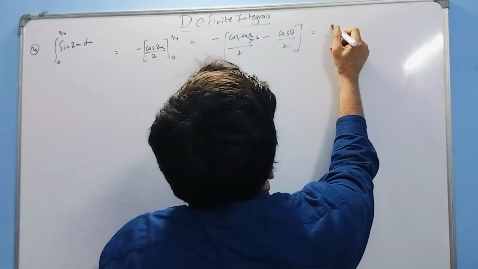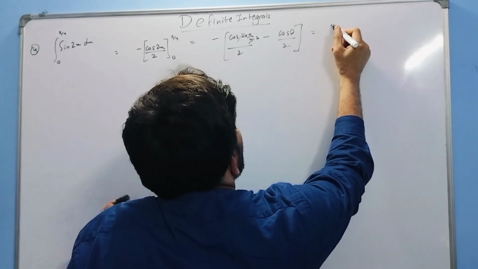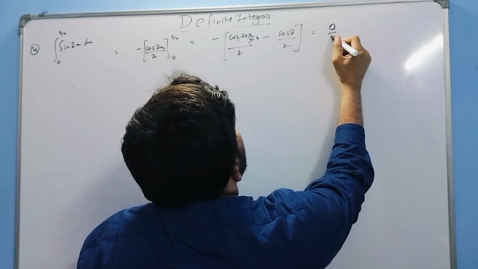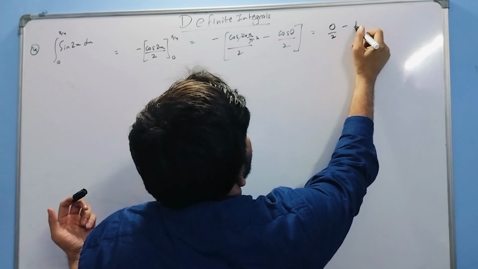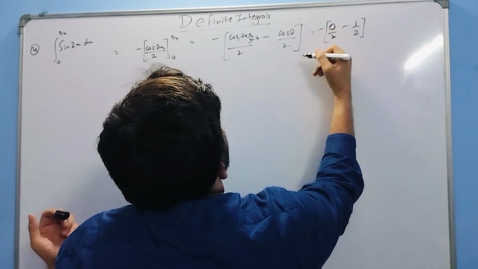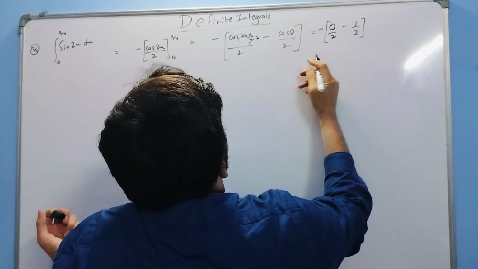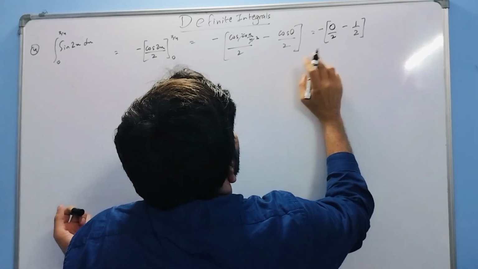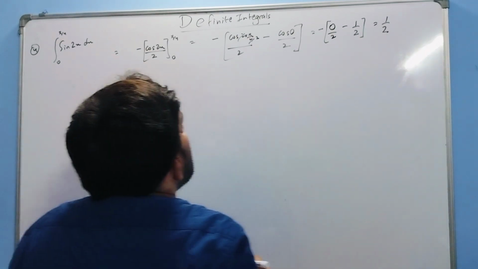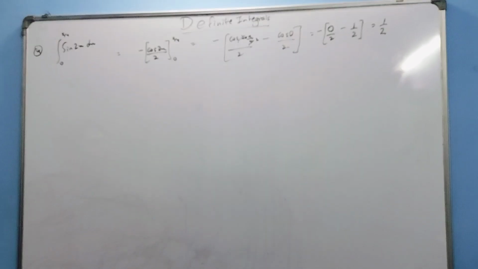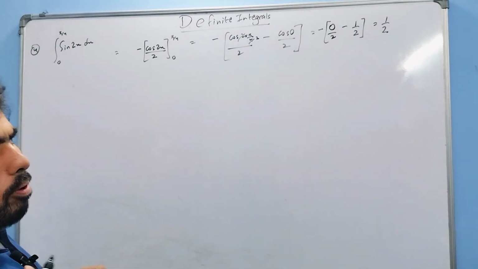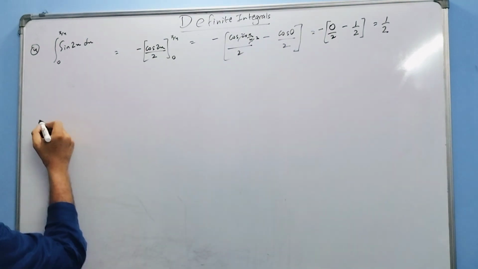We all know cos 90 is 0 because cos 0 is 1. So now 0 upon 2 minus cos 0 is 1, and we have a negative sign outside. So now what I got here is 0 minus half, which is usually plus half. Okay, so like this we can solve, or we can say evaluate the integral.